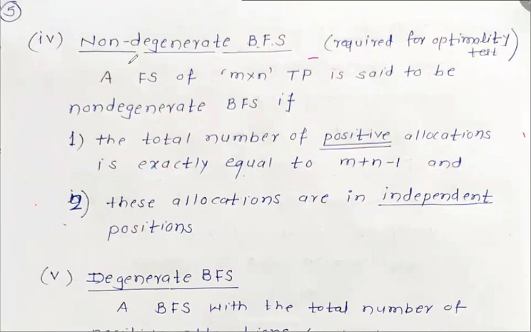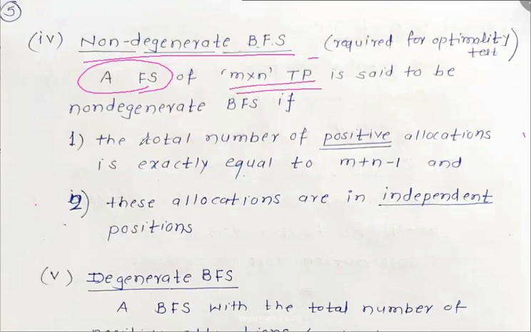Next definition, non-degenerate basic feasible solution. A feasible solution of an M cross N transportation problem contains non-negative values of Xij satisfying the row sum restrictions and column sum restrictions, that is, equations 2 and 3 in the mathematical formulation.